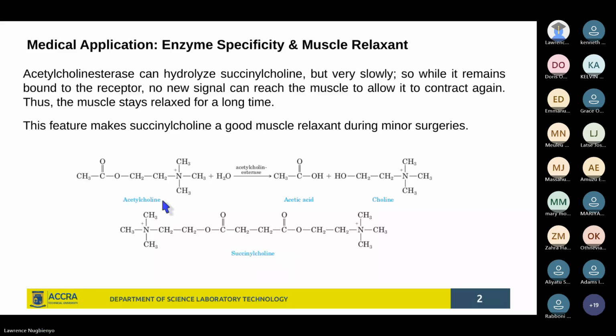Now, the enzyme acetylcholine esterase is able to act on succinylcholine just like it acts on acetylcholine. However, as you can see, succinylcholine is a bigger molecule than acetylcholine.